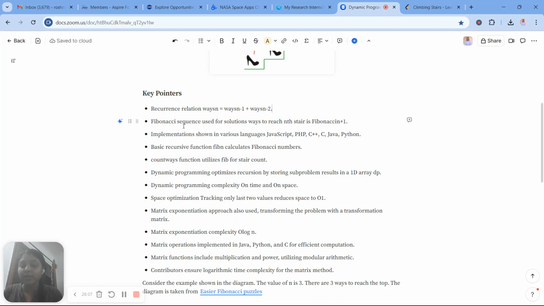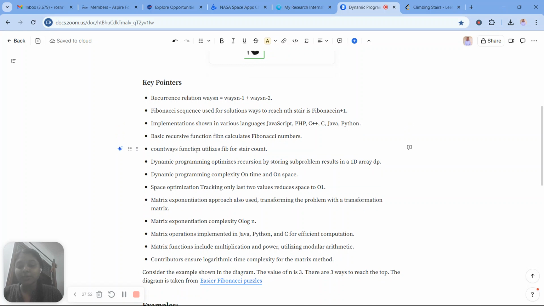Second, the Fibonacci series is used for the solution, to find the number of ways to reach the nth stair, which is Fibonacci of n plus 1. For the implementation, you can use your favorite language, C++, Java or Python, it's your choice.